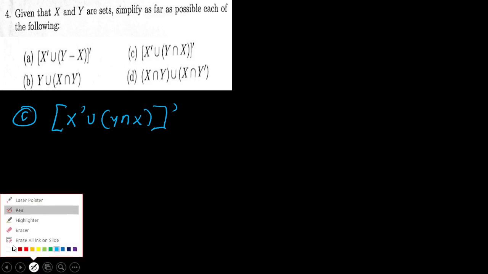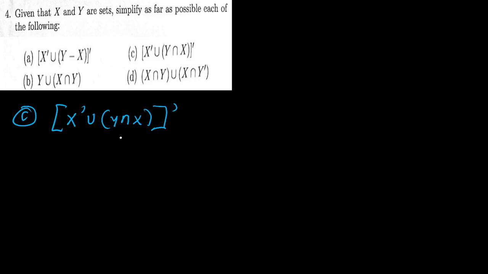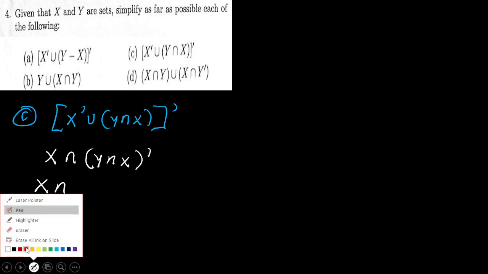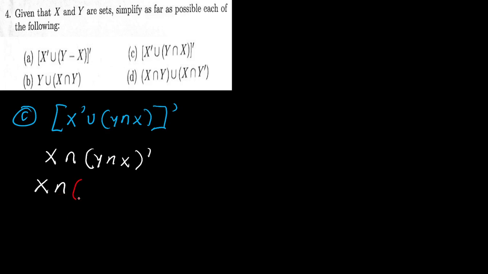We are going to do the same way we did with A. So we'll multiply this complement by everything: x intersection complement, then open bracket y intersection x, and then the complement there. So the other side will simply be y complement union x complement, like that.